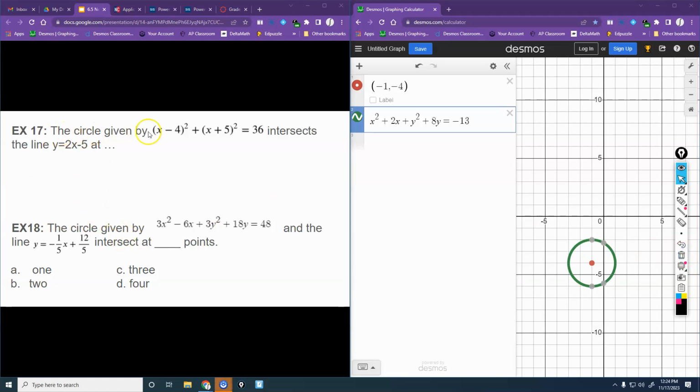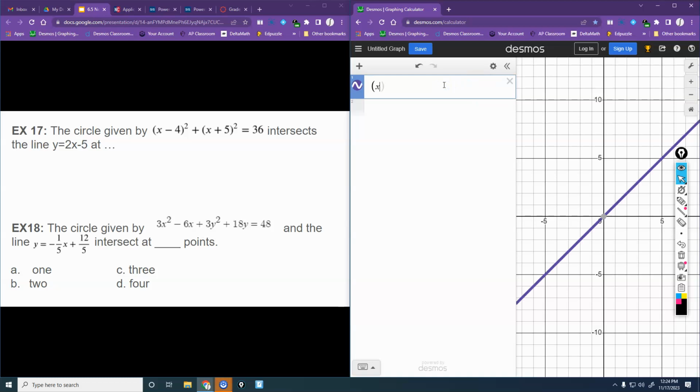It says, the circle given by this intersects the line blank at. This is totally Desmos. If you see something like this, x minus 4 squared plus y plus 5 squared equals 36.